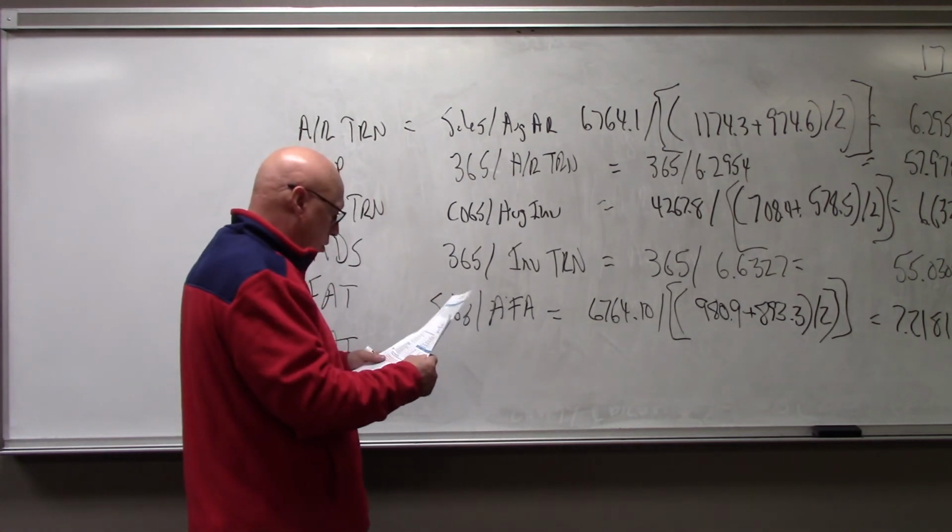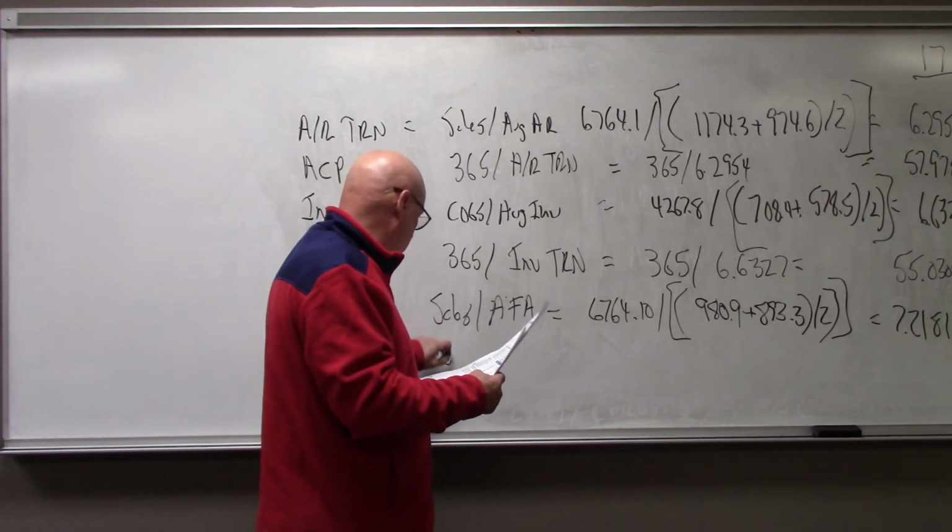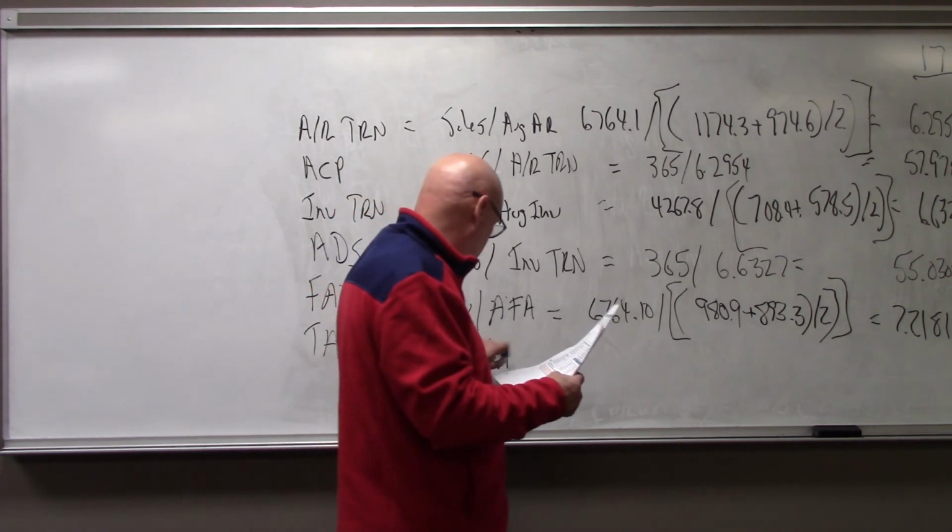And then total asset turnover, sales divided by average total assets.